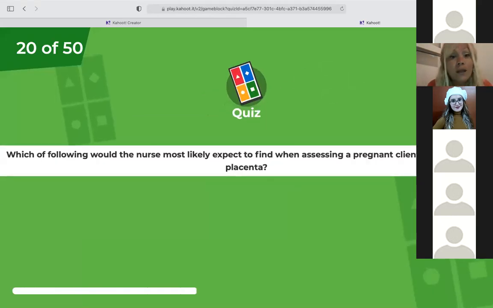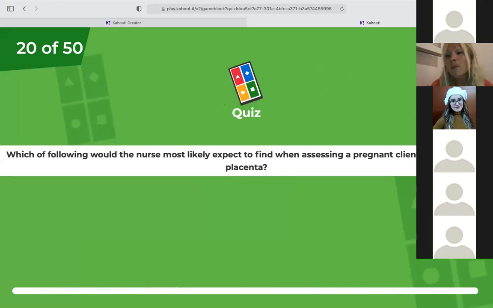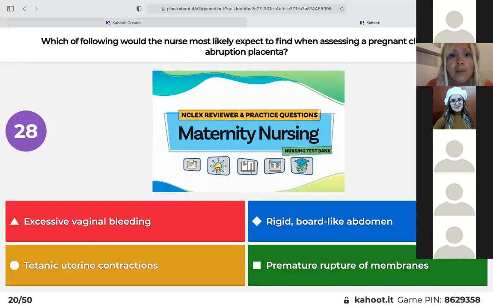Which of the following would the nurse most likely expect to find when assessing a pregnant patient with abruptio placenta? Here is a maternity nursing question.